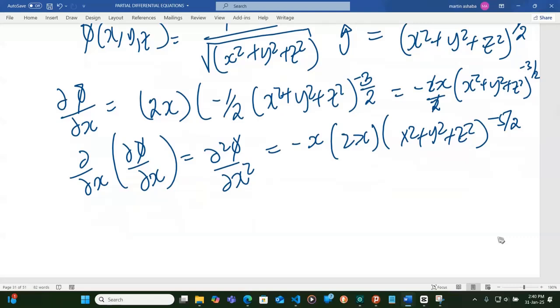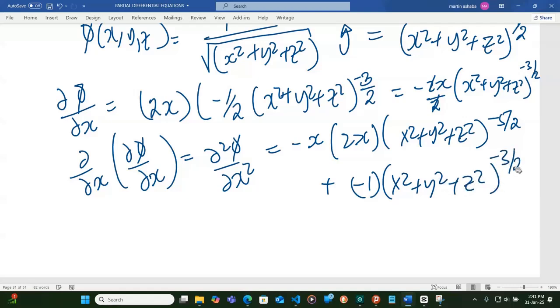Then I add v du, where du is negative 1, times v, which is (x squared plus y squared plus z squared) to the power negative 3 out of 2.